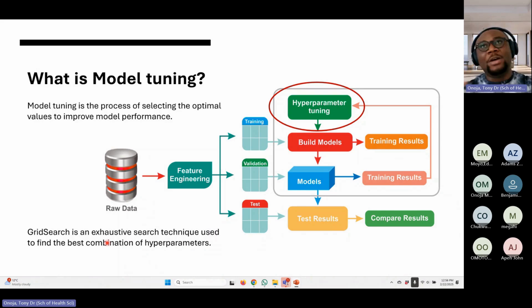For example, if I'm training a random forest, and the random forest is most of the time evaluated based on the depth of the trees, let's say you're looking at 10 estimators, 20 estimators, 50 estimators, 100 estimators. You could even make it up to 1,000.